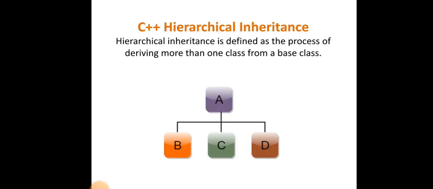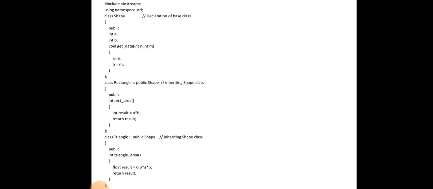And last inheritance model is hierarchical inheritance model. In this type of inheritance, the process of deriving more than one class from the base class. In this model, we have one base class and more number of child or derived classes.